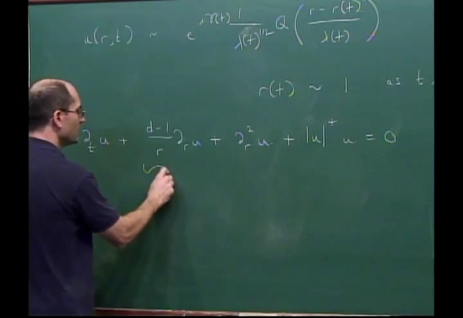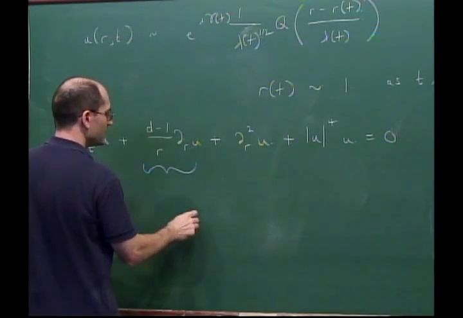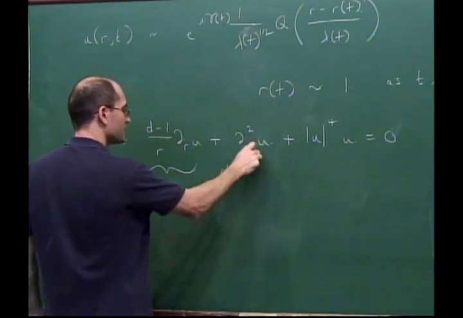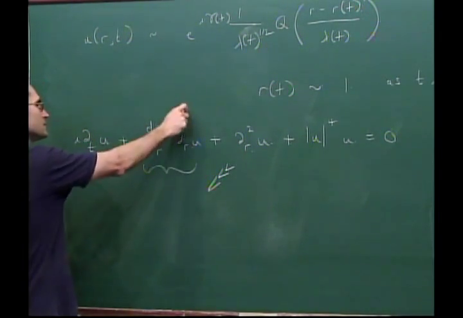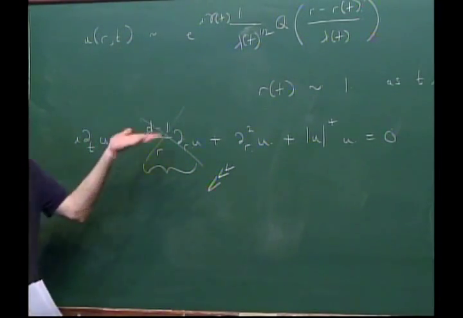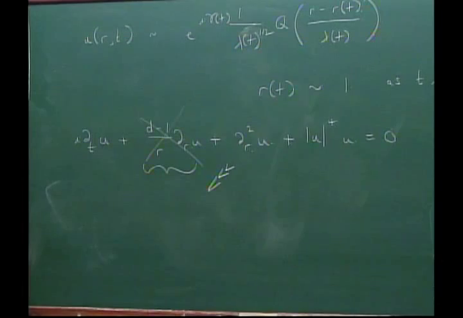So this term will be much smaller than this term, and to a leading order approximation, you get rid of it, and you have 1D quintic NLS. That's why taking Q to satisfy the 1D ground state is consistent.